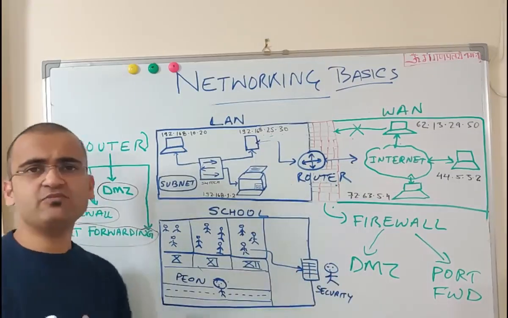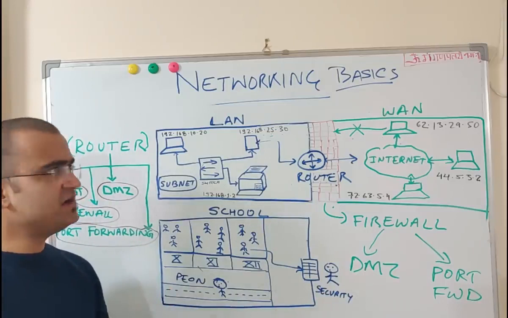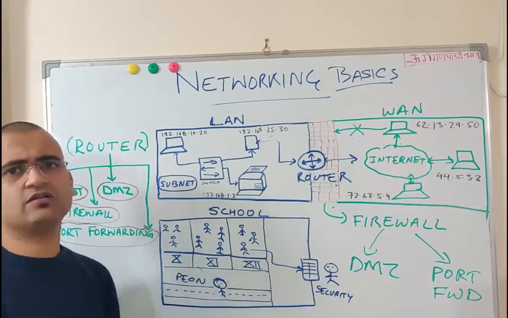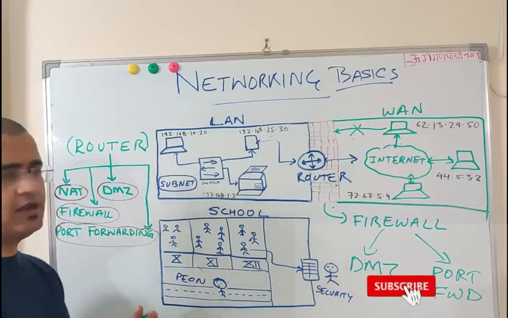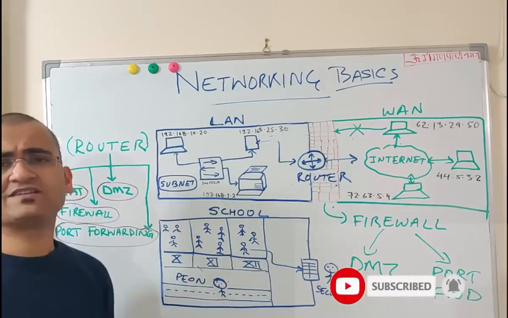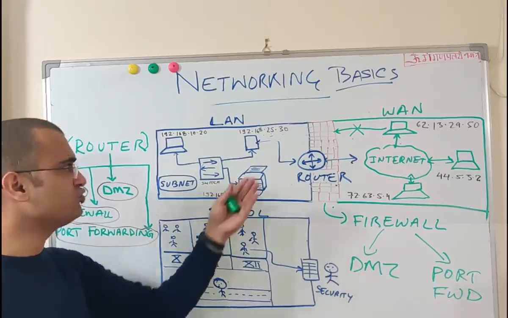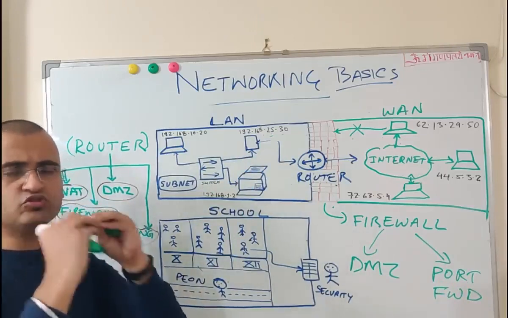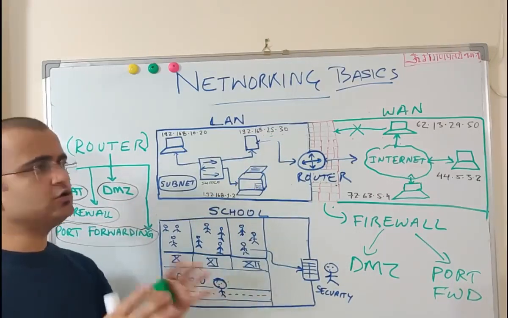What is a DMZ? DMZ is demilitarized zone. A demilitarized zone is a zone created within the local area network, wherein it is specified to the router that whenever any ad hoc external network connection wants to establish a connection with the local area network, you simply pass on that connection to the DMZ.